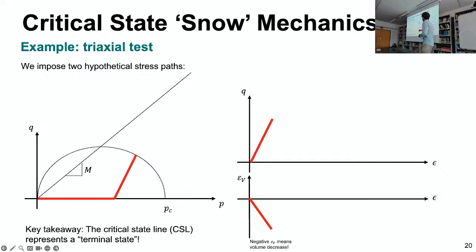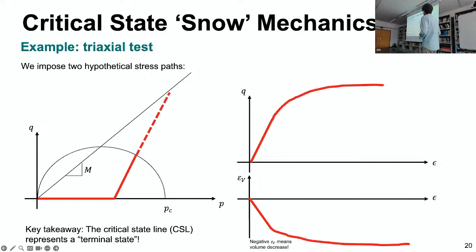Then because we are on this side of the yield surface, we're going to start having compaction, which means our yield surface is going to start increasing, but it can only increase until we reach a critical state. So at this point, our yield surface is going like this, and this is our critical state. This is the apex of the ellipse. And that's it. Then we're done. We cannot have any more increase or decrease in volume.